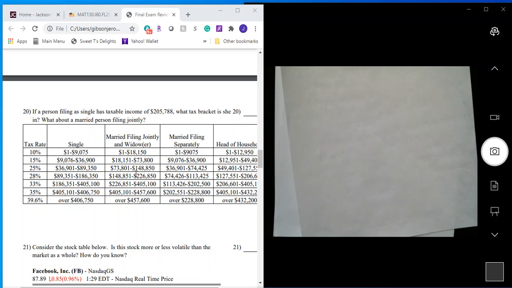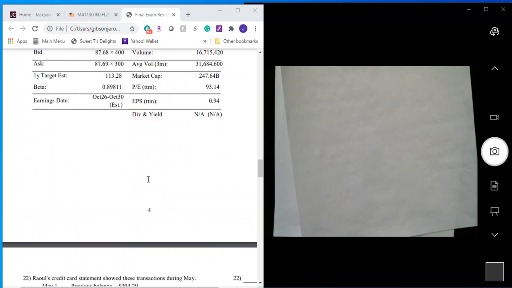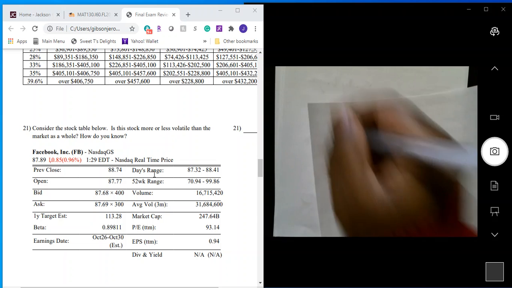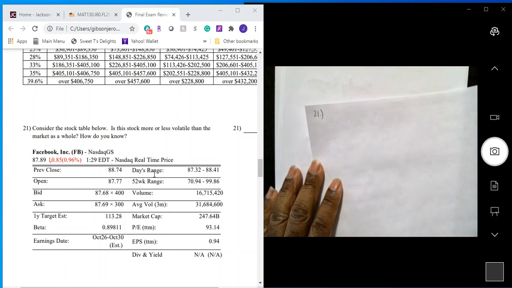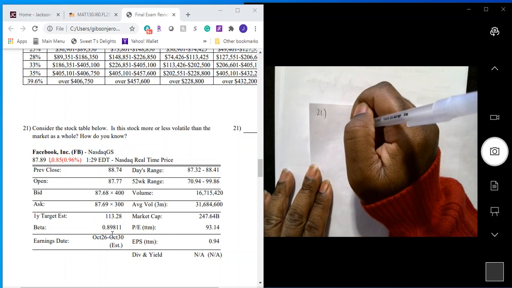All right. Now we move on down to problem 21. It says, consider the stock table below. Is this stock more or less volatile than the market as a whole? How do you know? Okay, listen. I'm just going to write that here. This is 21. Now, to tell the volatility of a stock, you look at its beta. Its beta here is 0.89811.